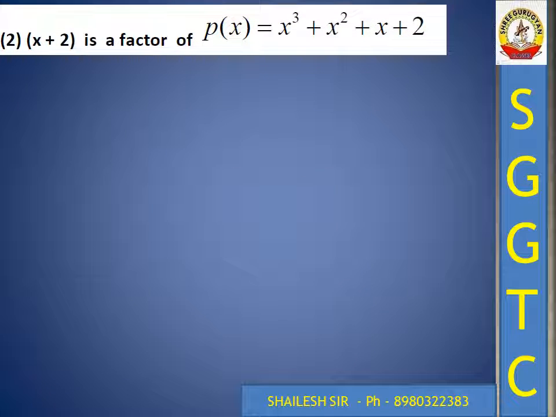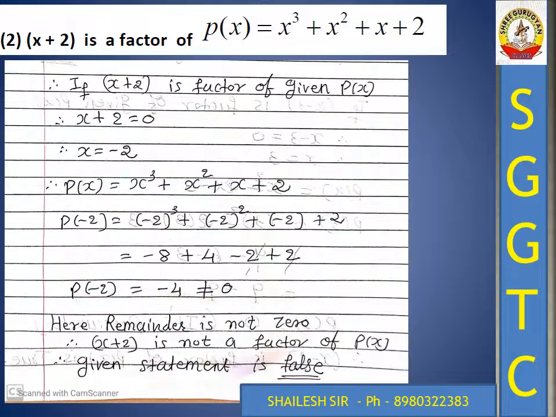Next one more. X plus 2 is a factor of the given px. Here it is asking about the factor, again I repeat, if you are proving a polynomial's factor, then finally I check whether the remainder comes 0 or not. So x plus 2 equal to 0, definitely x equal to minus 2, and put it in your given px. Wherever x is given, just apply minus 2, calculate further and check whether your answer is 0.